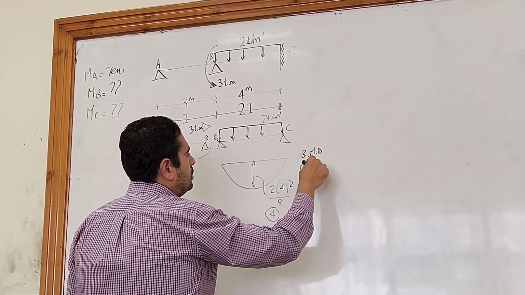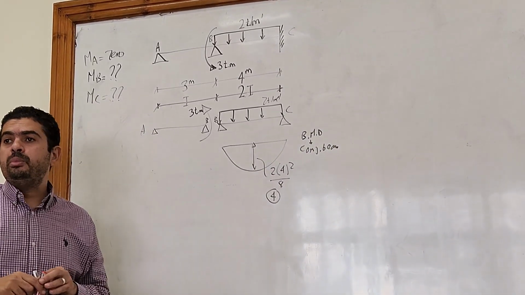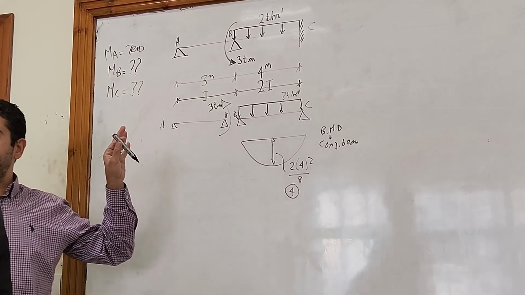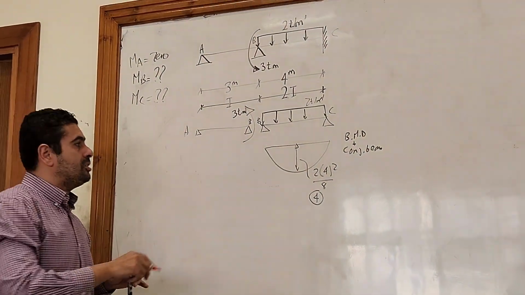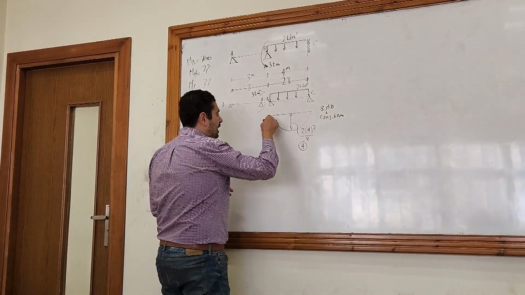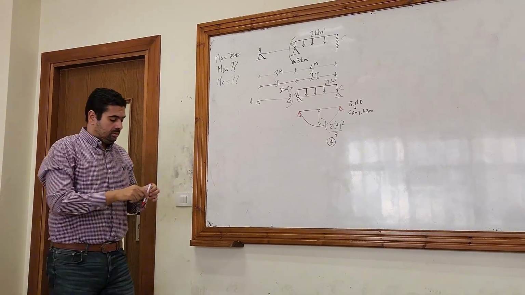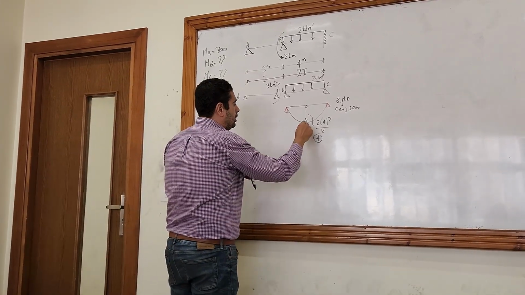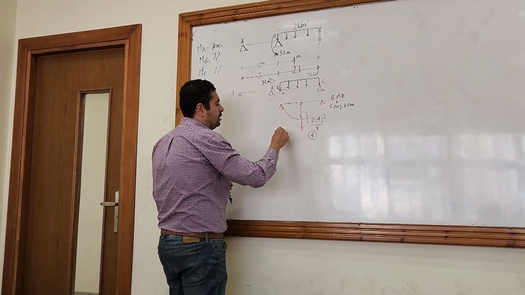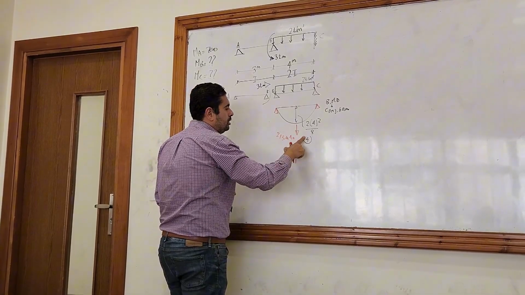Put it on a conjugate beam. That will always be a simple beam, because the three-moment equation is based on the fact that when you split each span, it has to be a simple beam, and the conjugate beam of a simple beam is always a simple beam. Calculate the areas of the moments. I have only one area. The area of the parabola is 2 over 3 times the base, 4 meters, times the height, which is 4.